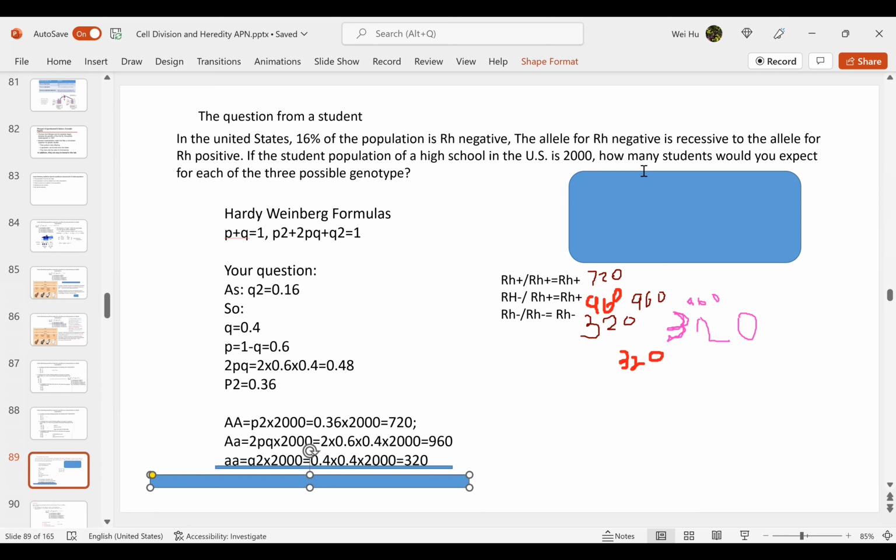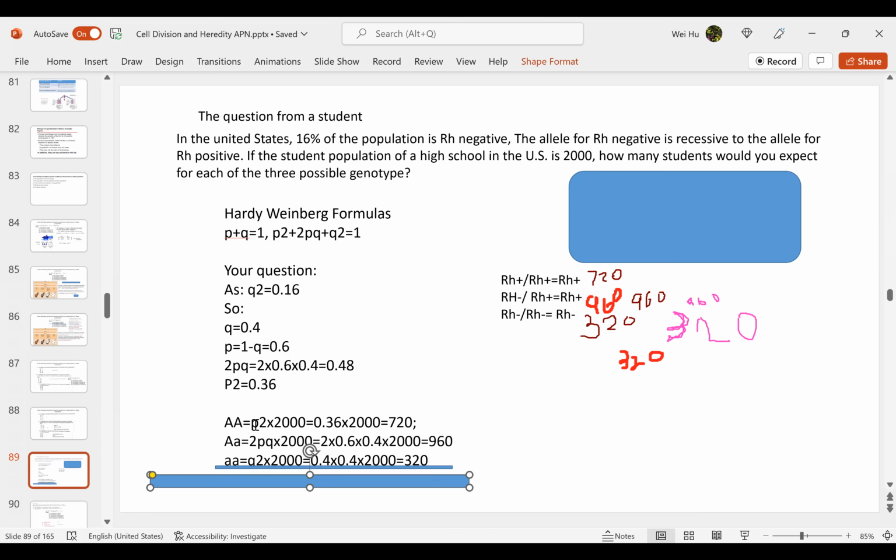So they ask you, how many students would you expect for each of the possible genotypes? They ask genotypes here. So the genotype is a combination of two alleles, correct? Therefore, AA is one, then big A small a is another one, and small a small a is the last one. So that's genotypes.